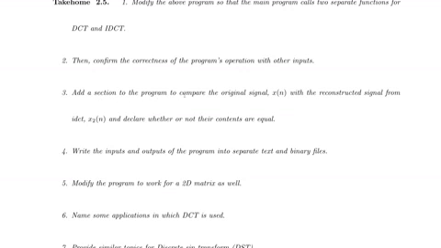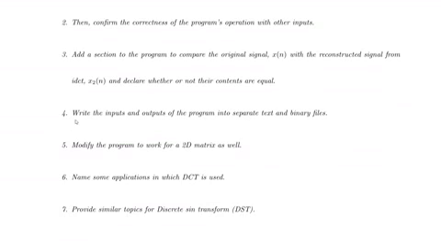Add a section to the program to compare the original signal with the reconstructed signal from IDCT and declare whether or not their contents are equal. Write the inputs and outputs of the program into separate text and binary files for further investigations.